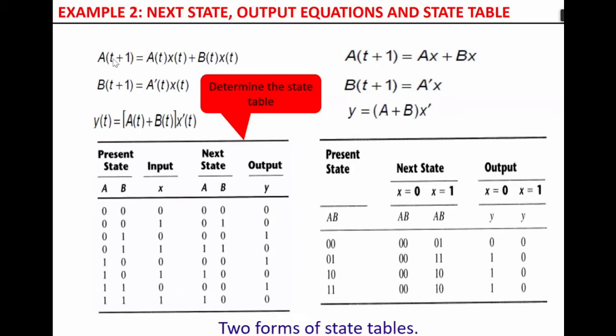This is A at a time T plus 1, the next state, is not a multiplication. The T here stands for current time. A at the current time, A at the next time, which is the next state, is not a multiplication. That's why here we even removed the T. The values at the current time, this T means at time T, the current time. T plus 1 is the next time, next state, is not a multiplication.